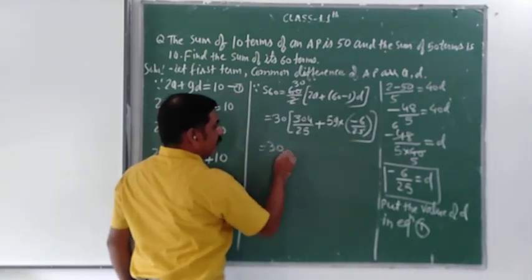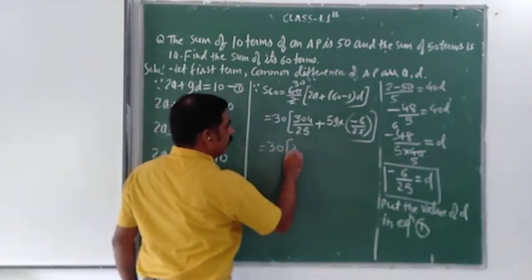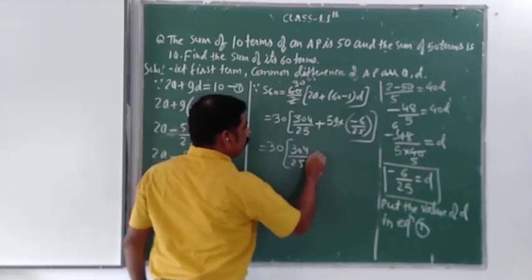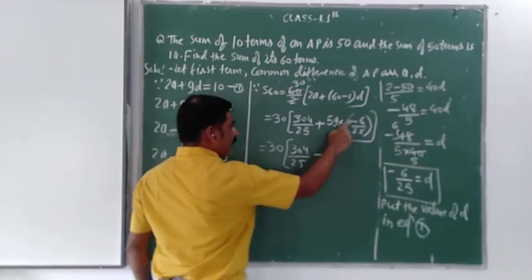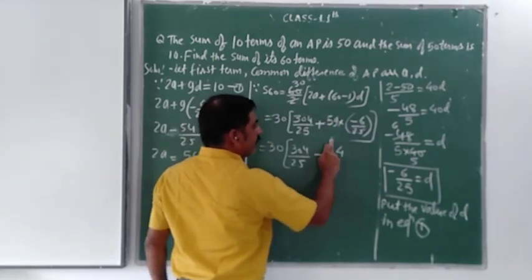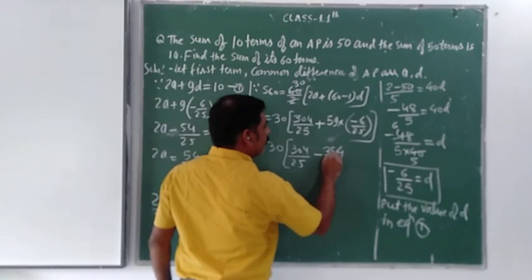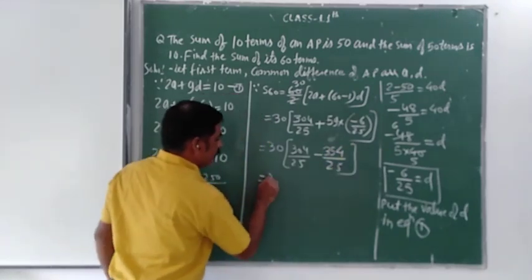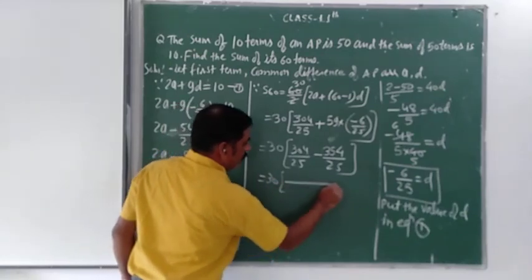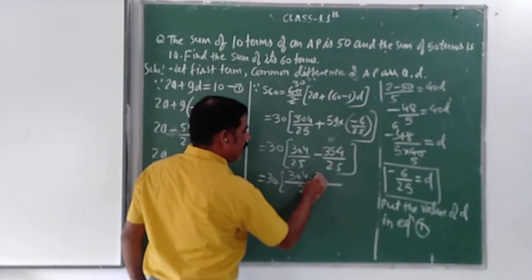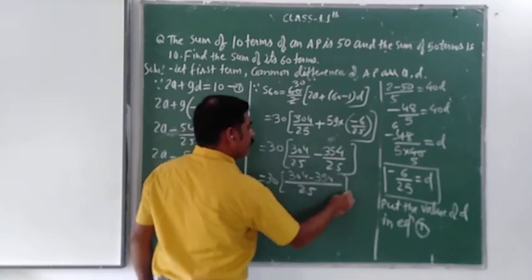So 30 in bracket 304 upon 25 plus minus 6 9s are 54, 6 5s are 30 plus 5, 35 upon 25. So LCM is 25, hence 304 minus 354.